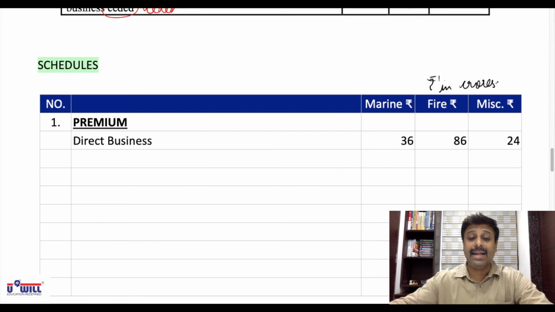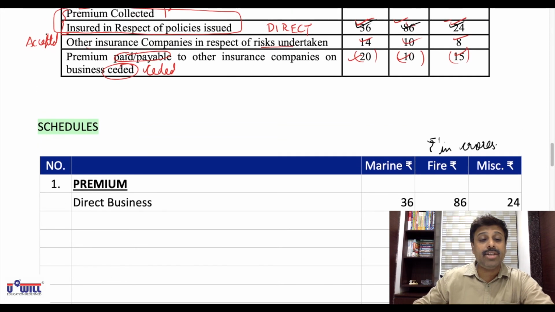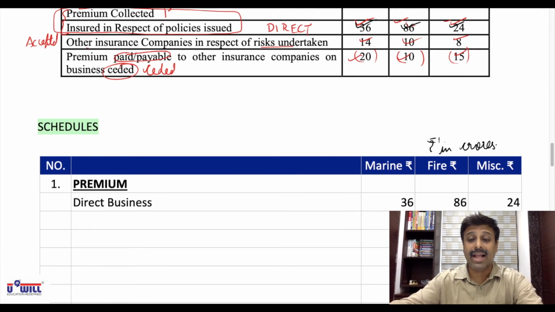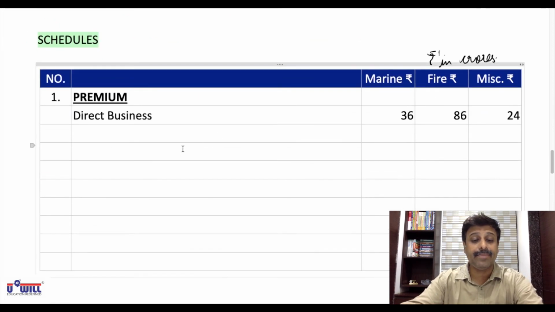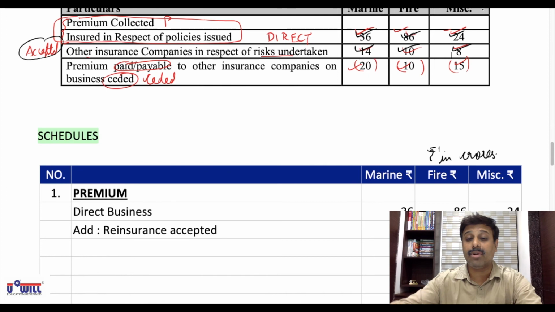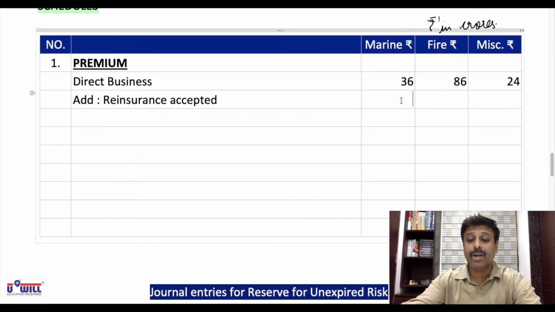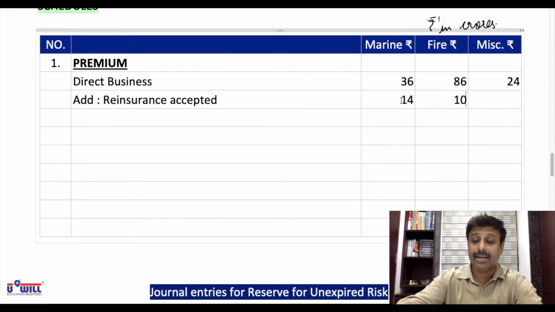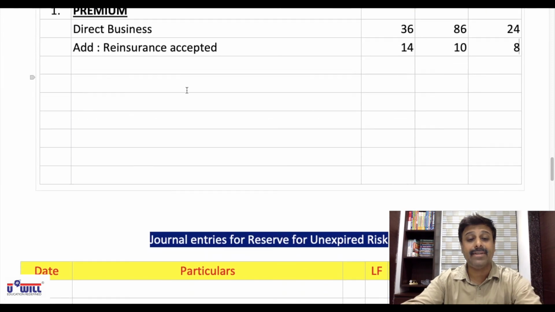Now in that direct business, whatever is the reinsurance accepted, that we have to plus. So all of you write down add reinsurance accepted. What amounts do we have to add for the accepted ones? 14, 10 and 8. These 3 amounts we have to add.